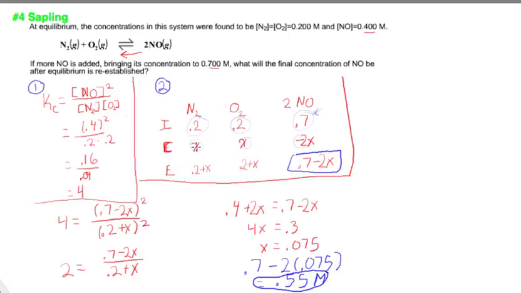Don't forget that it's x, x, and minus 2x. Why minus? Because the reaction is moving towards the reactants on the left. And then I use my new concentrations, combined with my constant, to find x. Okay, and then finally I plug it back into the equilibrium concentration to find what NO is at equilibrium.